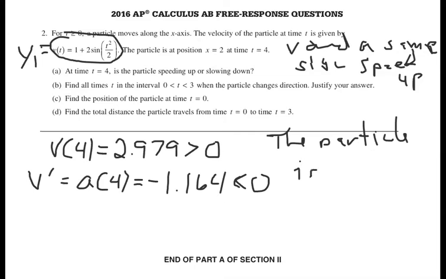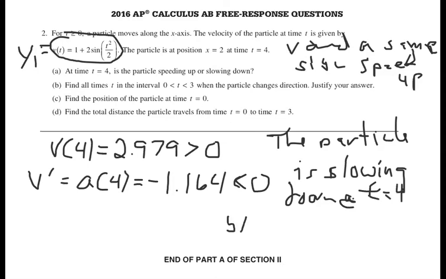The particle is slowing down at t equals 4 because velocity is greater than 0 and acceleration is less than 0. So that's the reasoning. It doesn't even say to give a reason, but I would recommend you put that in the answer anyway.